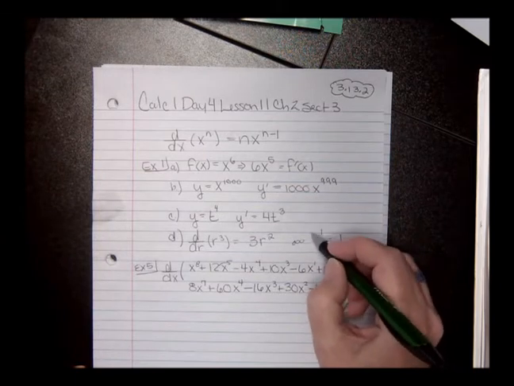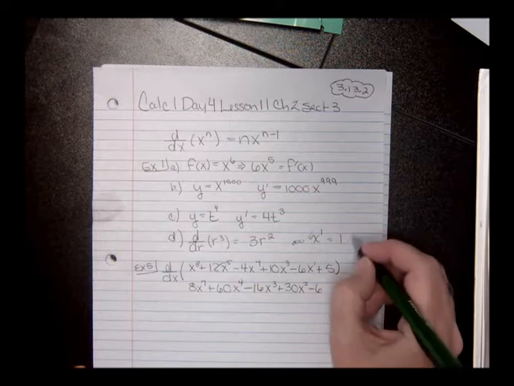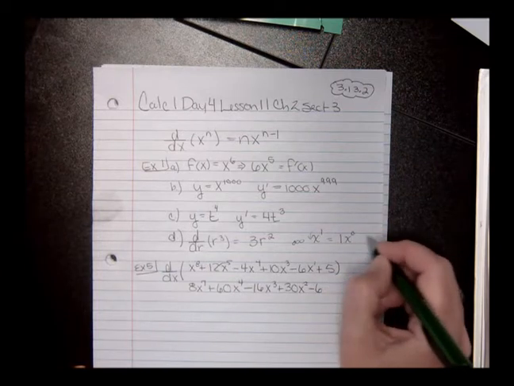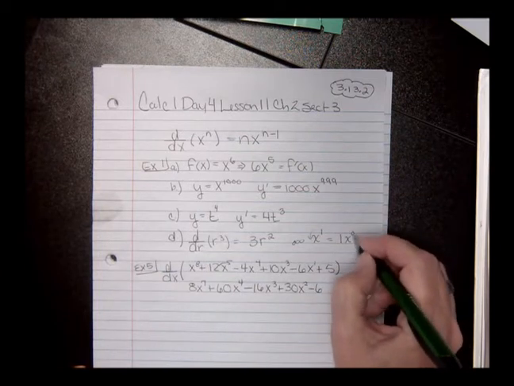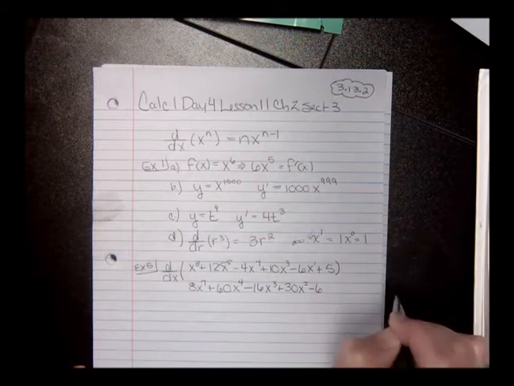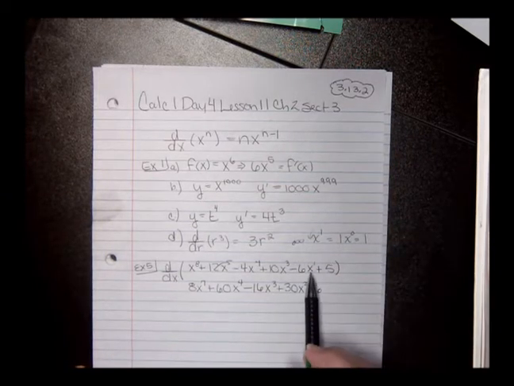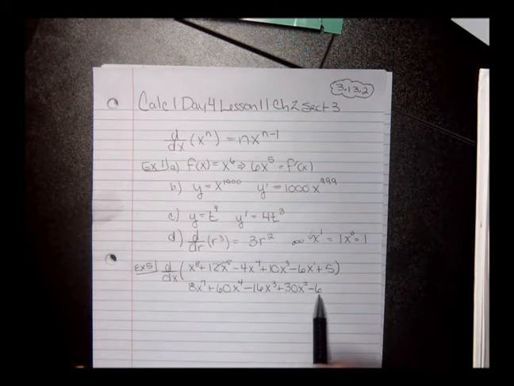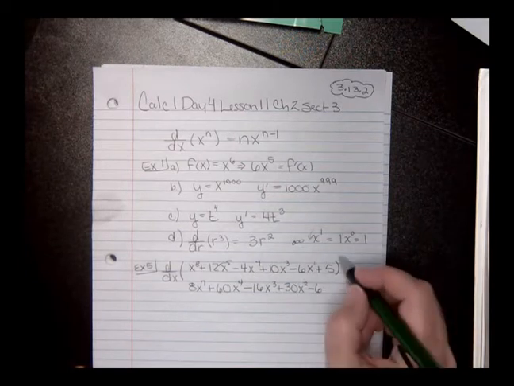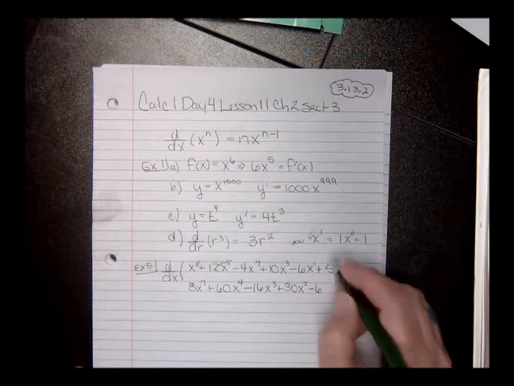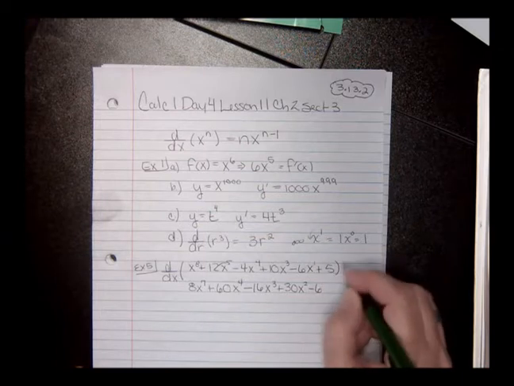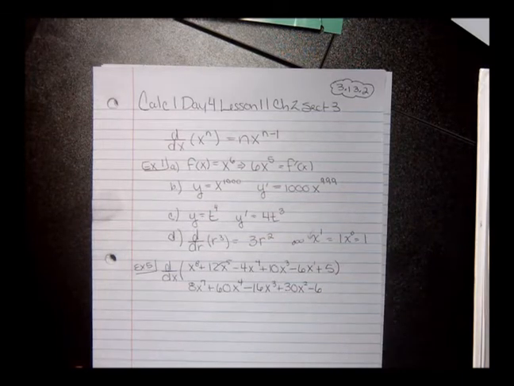That's because we have 1 times x to the 0 power, which is just 1. Okay, so if we have a constant in front of it, then we're just going to be left with that constant. And now if we start with a constant and no variable, that's 0, so it's not even there anymore. Okay, so there's your answer to example 5.